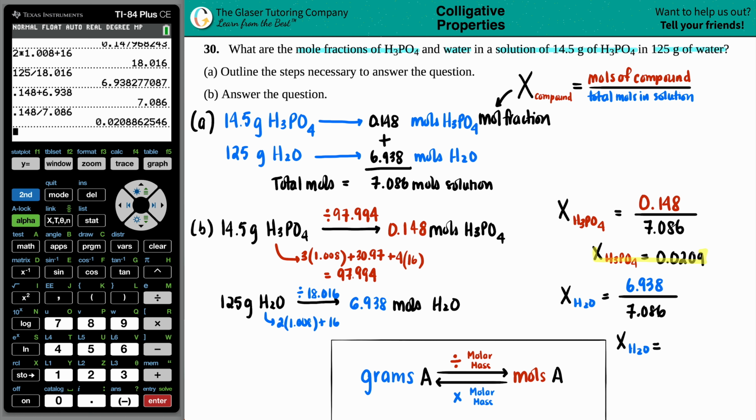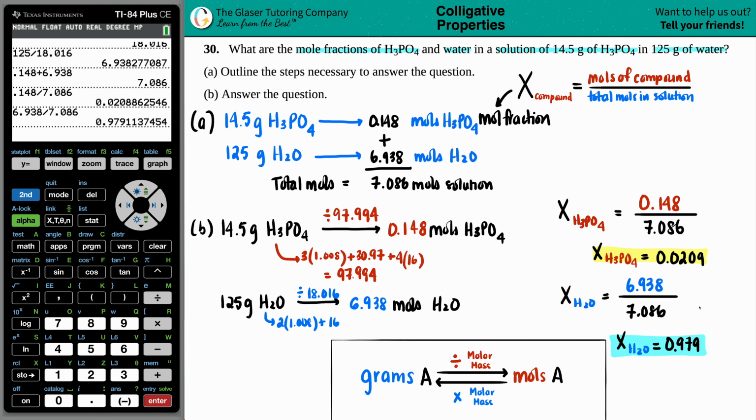So 0.0209 for the H3PO4. And then for the water, we have 6.938 divided by that total number, 7.086. And I get 0.979. And that's good for that one. Let's box this off. So we found both of the mole fractions. No units for mole fractions.